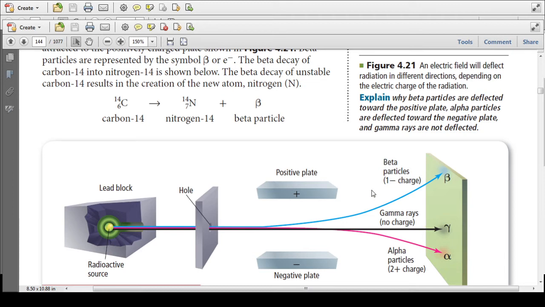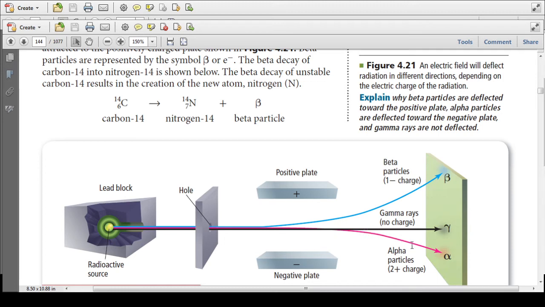But let's think for a second. Why is it that the beta particle had an influence much earlier than that of the alpha particle? Remember that a beta particle is only 1 electron. One electron is very, very small compared to a proton or a neutron.